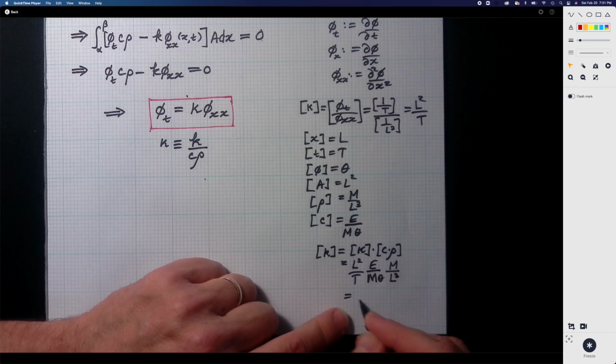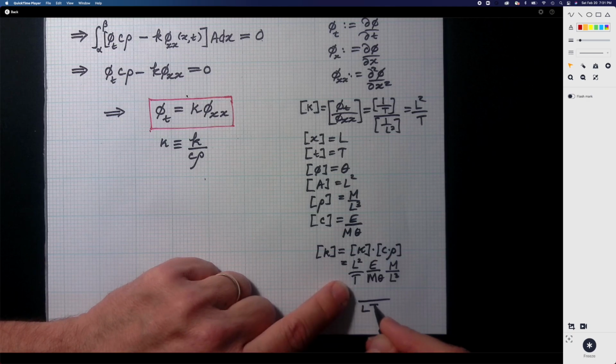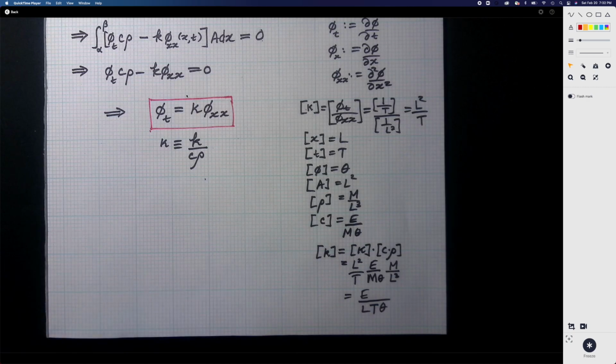I'll be left with a 1 over length, a time, an energy on the top, and a temperature on the bottom. So the conductivity is going to have units, for example, of joules per meter per second per degree.